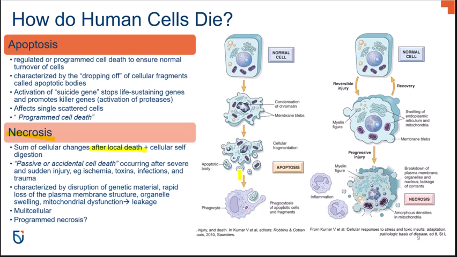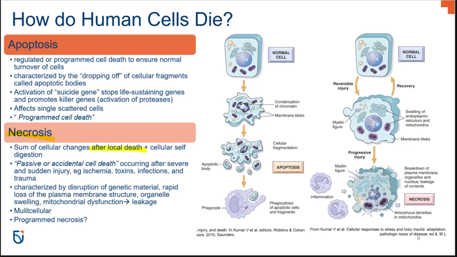And that is known as autodigestion or autolysis. And those terms will come up on an upcoming slide. So cells actually die long before any necrotic changes are noted by microscopy. And so remember, I said here that it's the sum of cellular changes after local death.